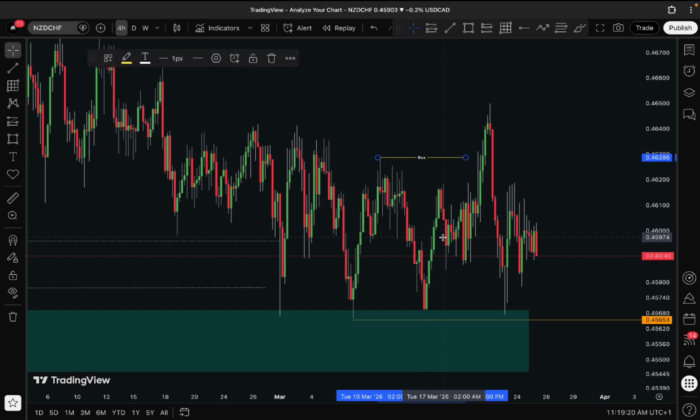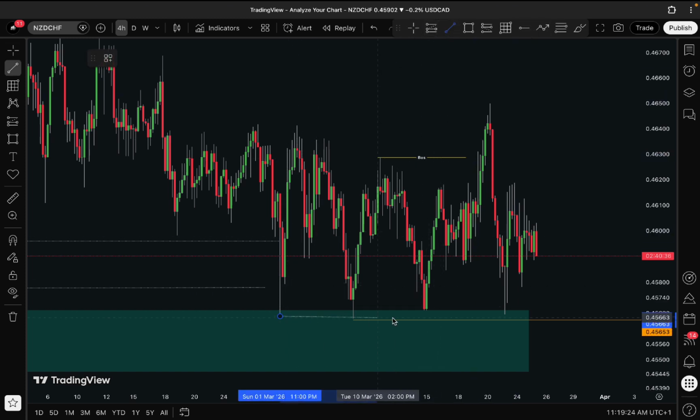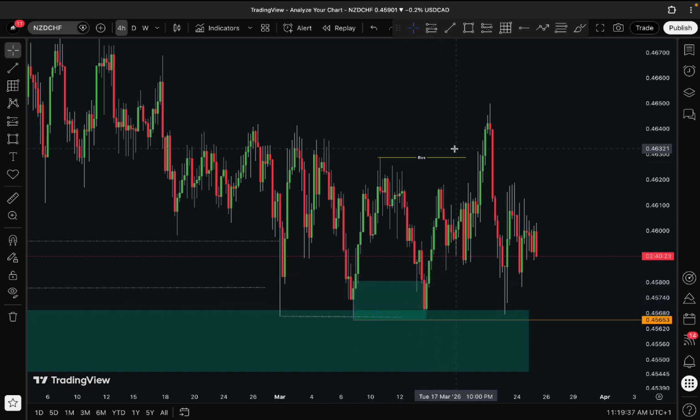On the H4, we will see a type of pyramiding QM arrow. As soon as price tapped into this level, the first bullish QM arrow was here, right? Then price bought straight.